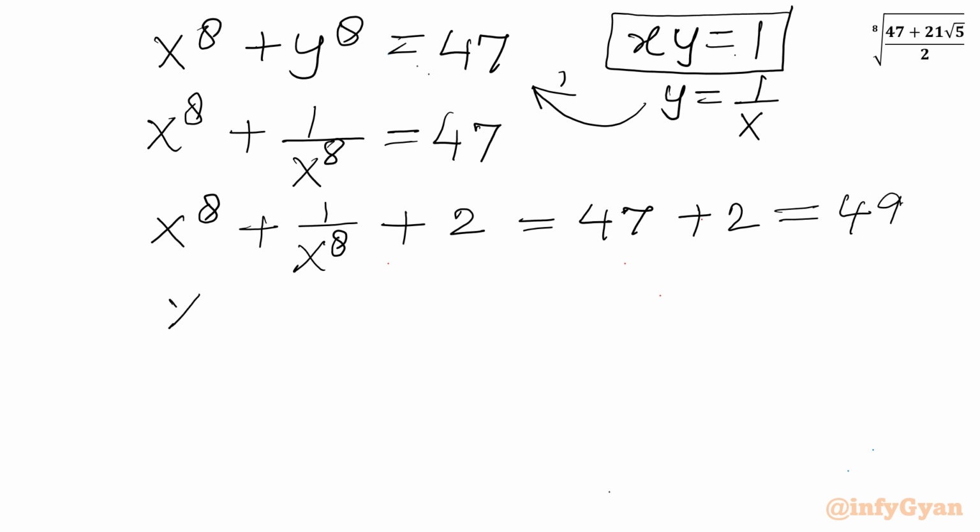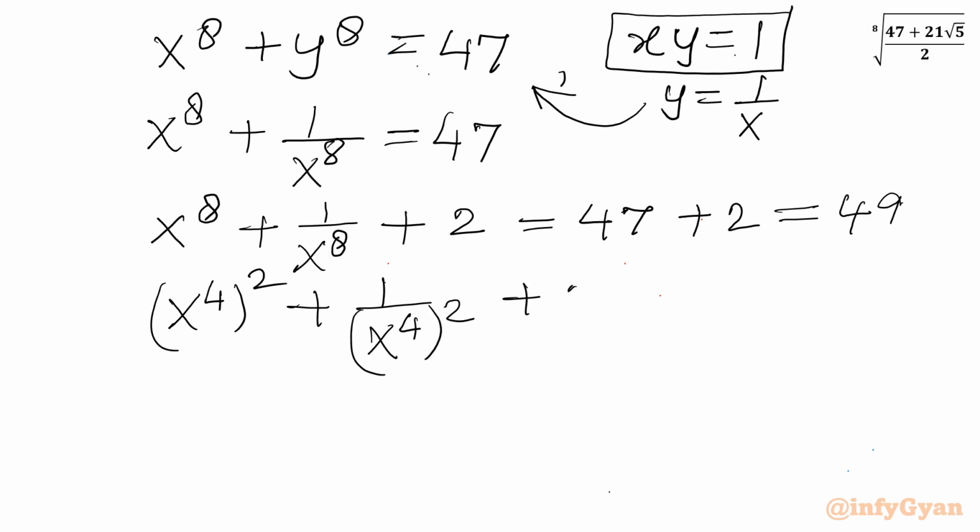Now the left hand side, I can write x^8 as (x^4) whole square, and here also (1/x^4) whole square, and the plus 2 I can write as 2 times x^4 times 1/x^4. Right hand side is 49. Now this is a² + b² + 2ab.